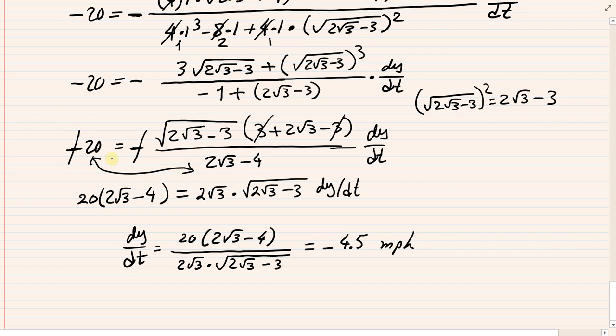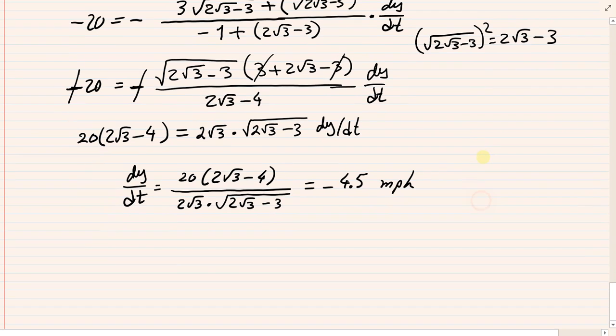I multiplied 20 times the binomial in the denominator, and of course in the numerator everything's still there. Move 2 root 3 to the front. Okay. And after I did that, I multiplied by the radical.